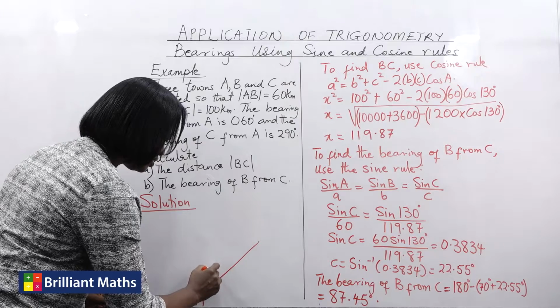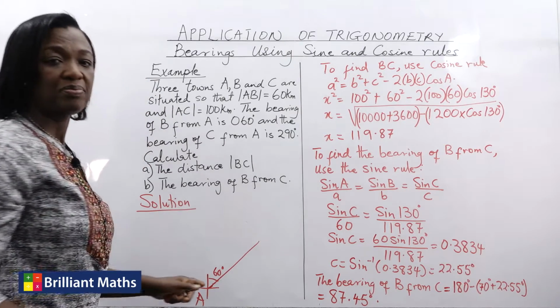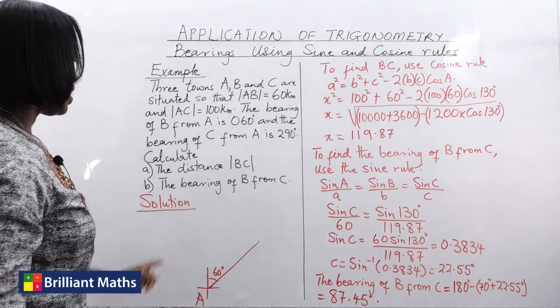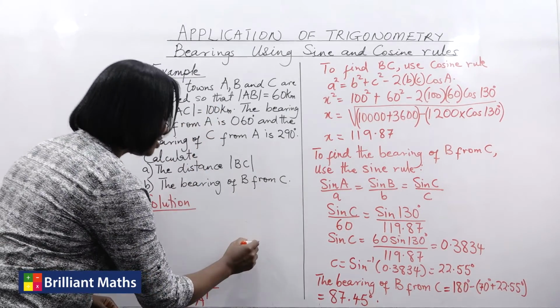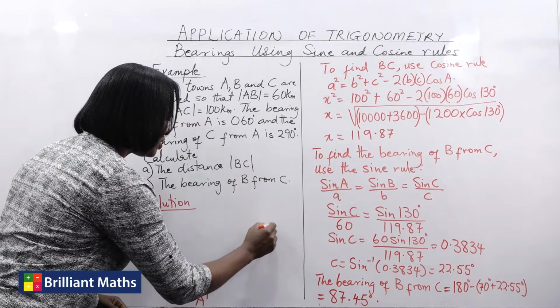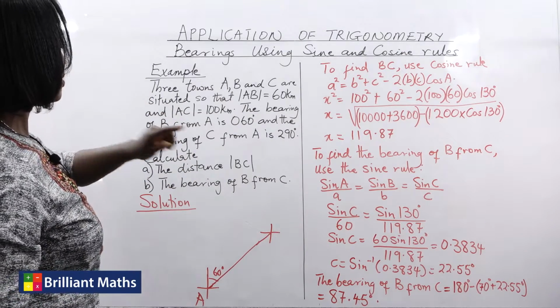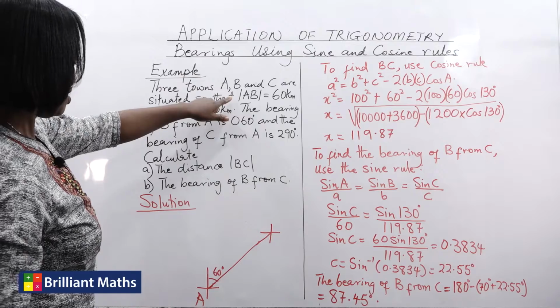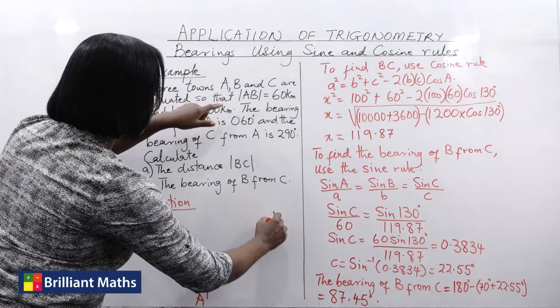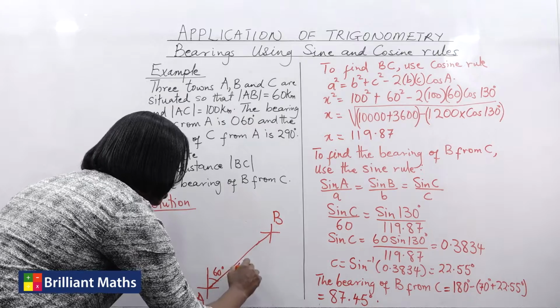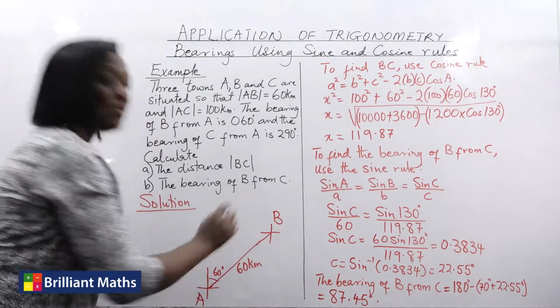This is 60 degrees. 060. And that distance, let it go up a bit. That distance is what? And this is B. AB is 60 kilometers. Very good.